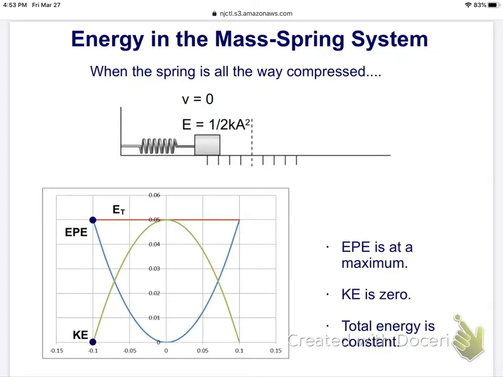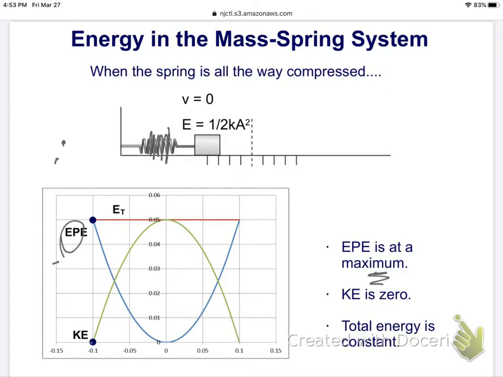When we compress that spring, we squash that spring all the way down, you know its spring energy, or its EPE, is going to be at a maximum point. See it way up here? Maximum. Its velocity is 0 at that position, so it has no kinetic energy down here.